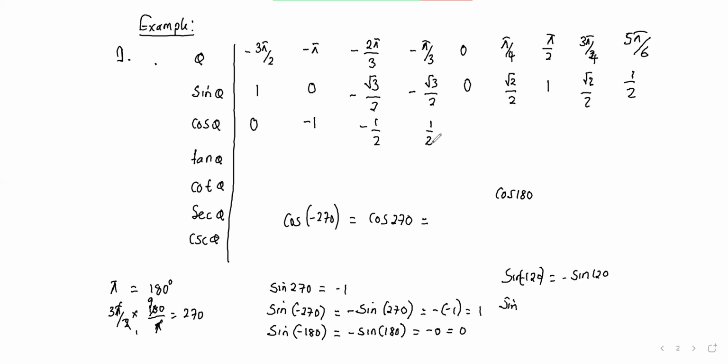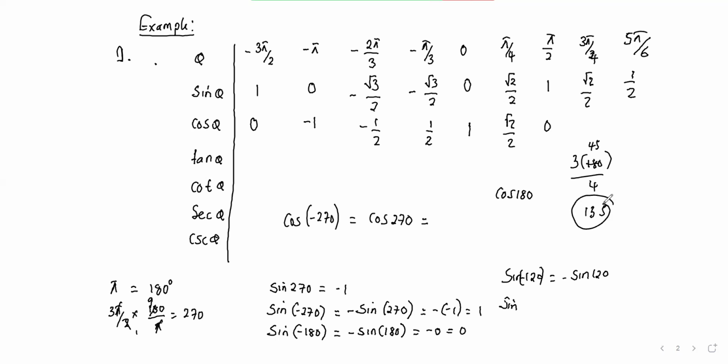Cos 0 is 1. Cos 45, root 2 over 2. Cos 90, 0. 3 pi over 4, what was it? It was 45. This is 45. 45 by 3, that was 135.